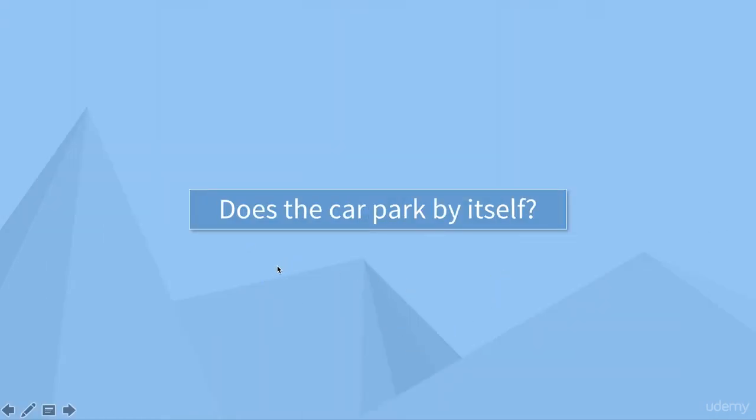Okay, so let's move on to questions. Does the car park by itself? So this is a do question, or it's become a does question. Why? Because the subject here is third person singular. So the subject is the car, and the car is an it.